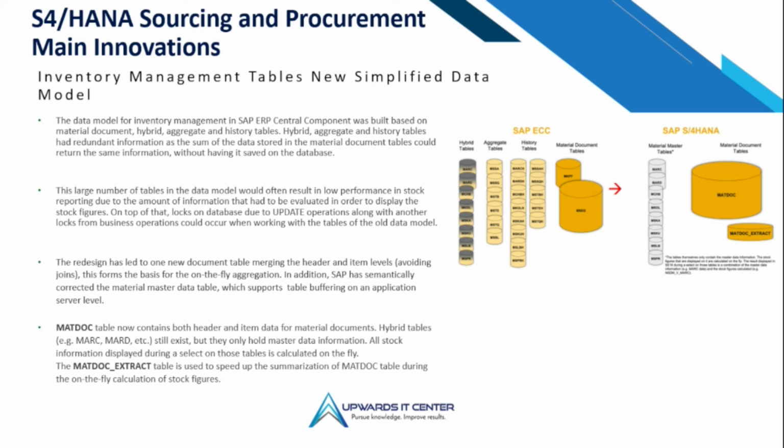So all these tables make confusion, also influence the performance of the systems, and it's too hard to control the changes in each table and keep the stock quantity synchronized in so many tables. This large number of tables in the data model would often result in low performance stock reporting due to the amount of information that has to be evaluated in order to display the stock figures.